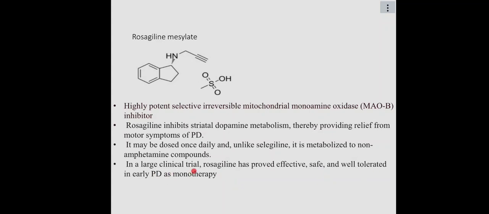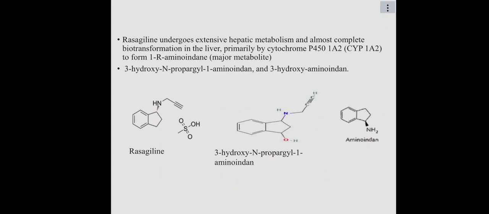Again, it is blocking monoamine oxidase B selectively, and therefore increasing the concentration of dopamine in the brain. Of course, the advantage is that it does not form methamphetamine or amphetamine on metabolism.